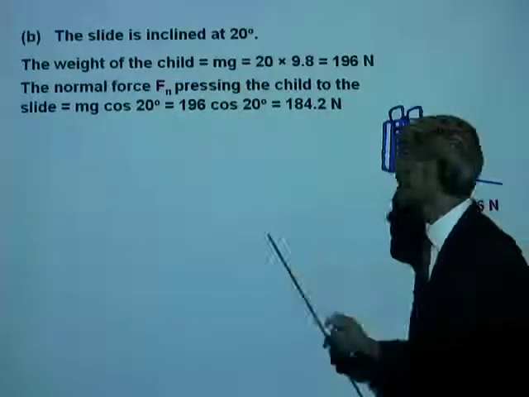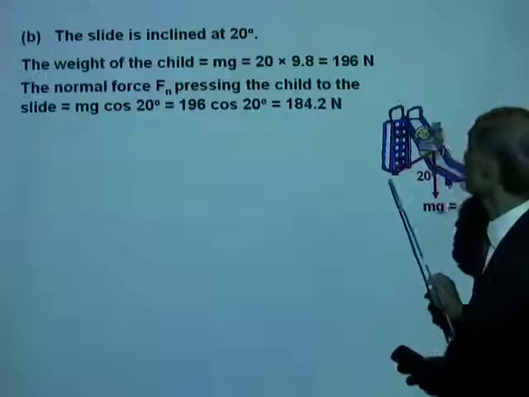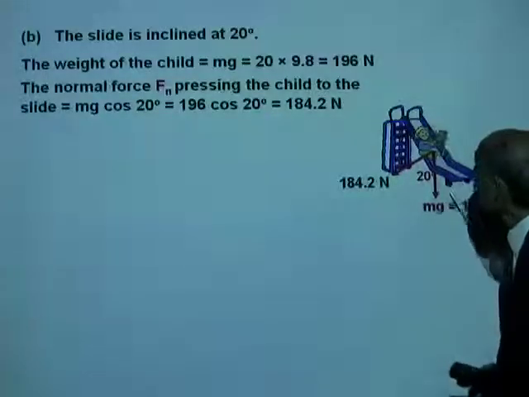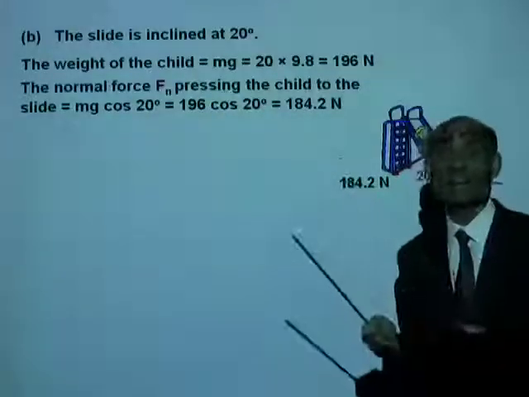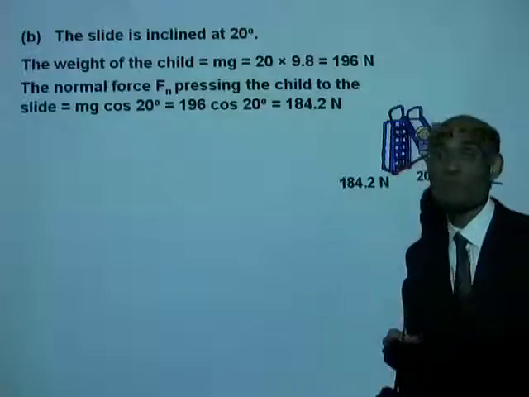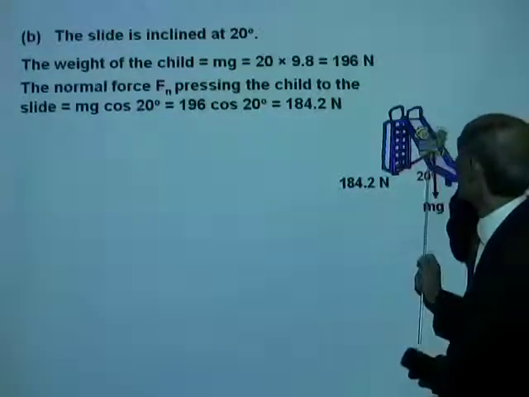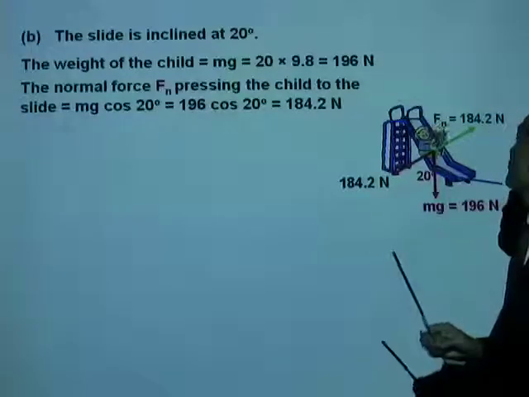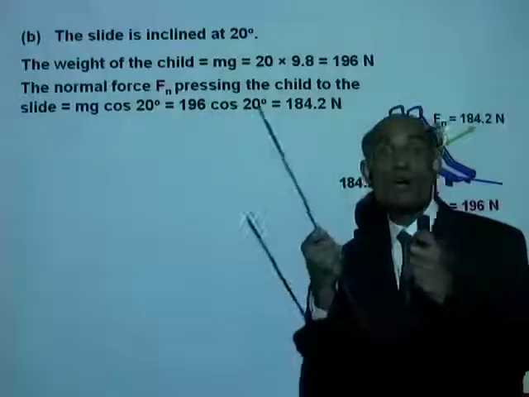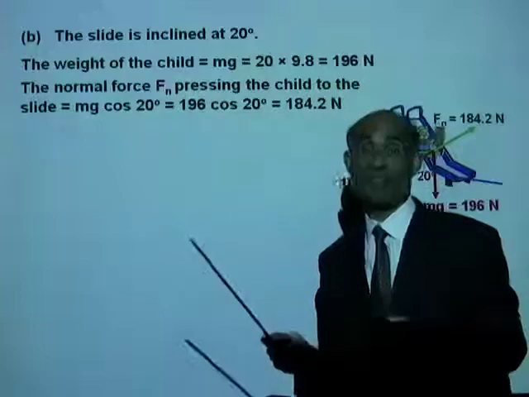That is 184.2 Newton. That is the normal force pressing the girl onto the slide, and that is an important quantity here. So Fn equals 184.2 Newton. We obtained the value of Fn.